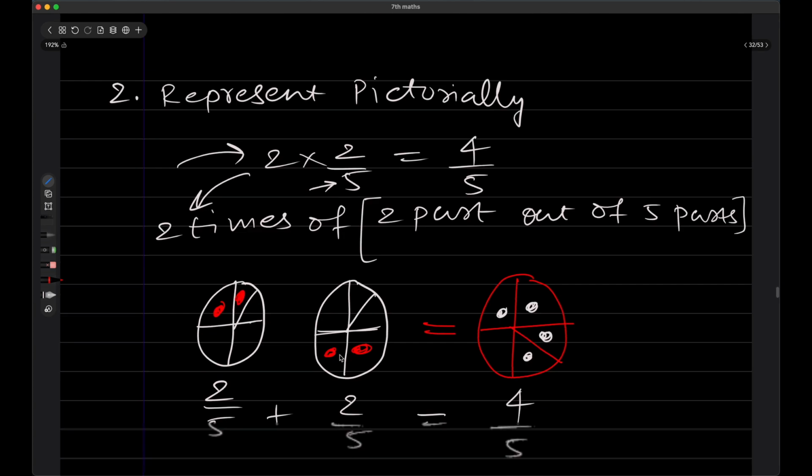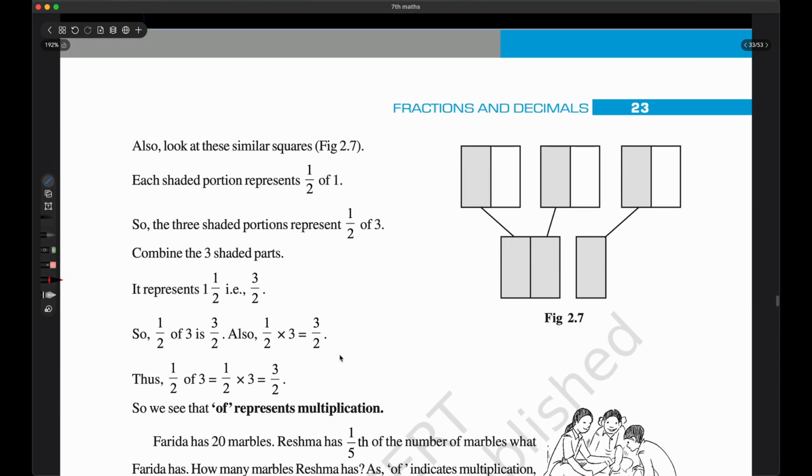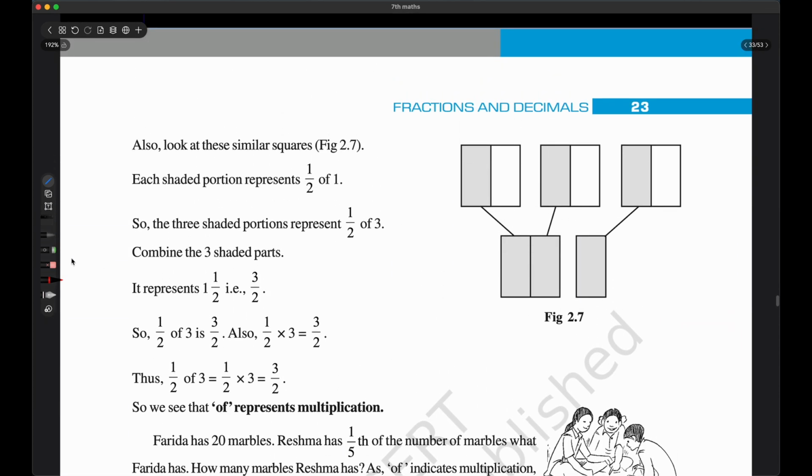They have taken one more example. They have taken three similar rectangles. They have shaded one portion of each rectangle, and each shaded portion represents half of one rectangle.